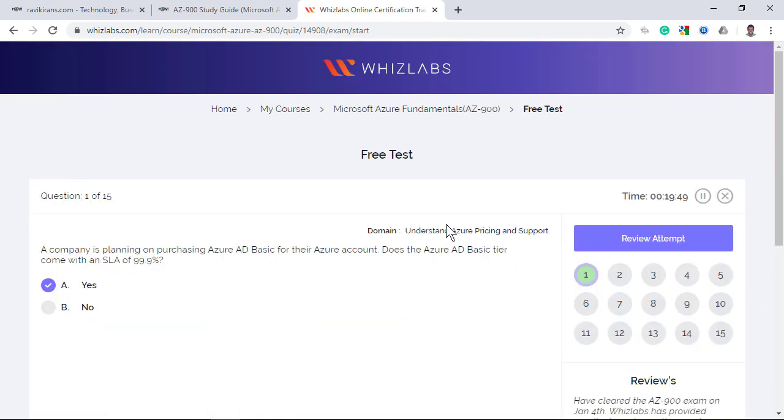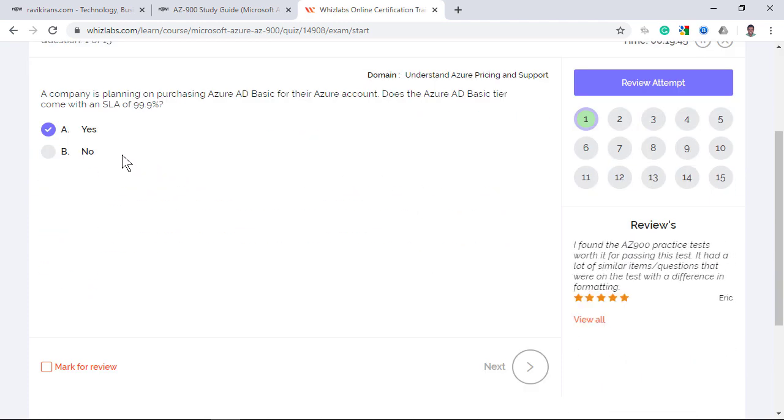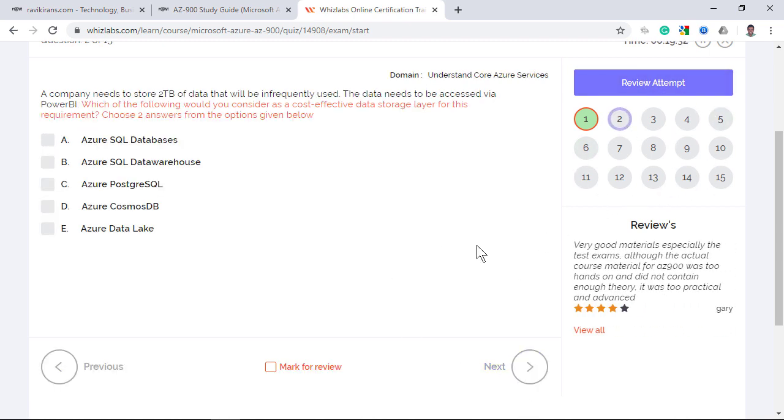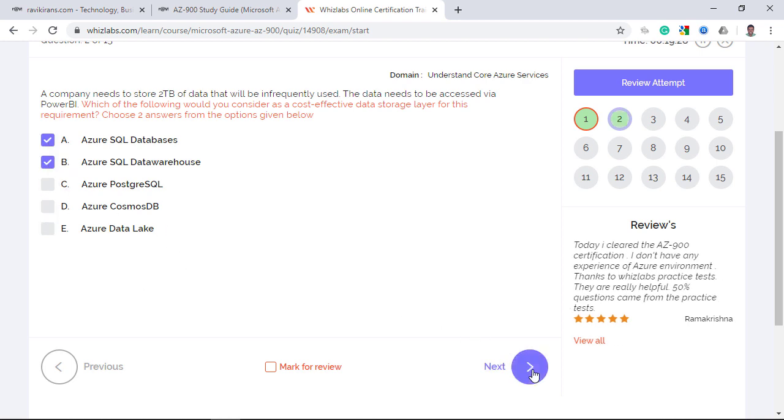It provides questions exactly in the Azure exam format, and here you can mark the answers. You can also mark a question for review, and once you mark, you also see the list of questions that you have attempted. Go to the next question and again mark the answers as you feel.